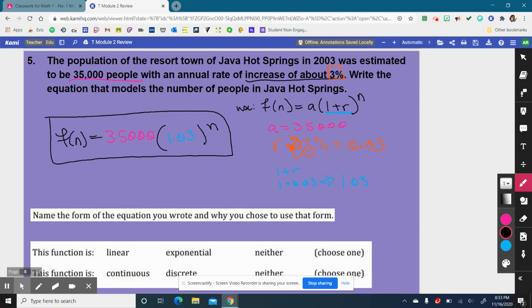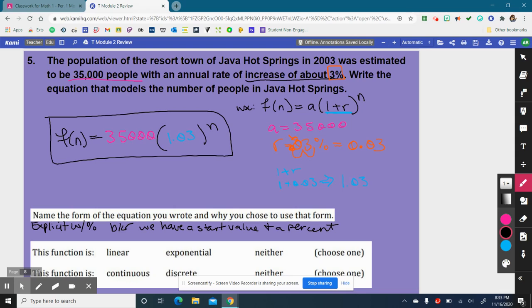So name the form of the equation you wrote and why you chose that form. Well, we chose the explicit with percents because we have a start value and a percent.